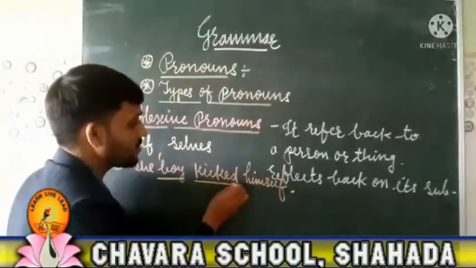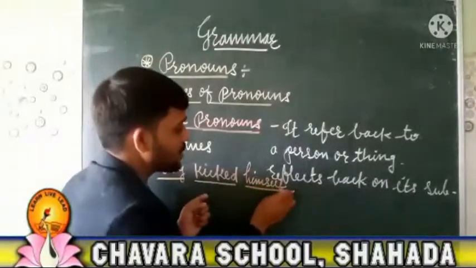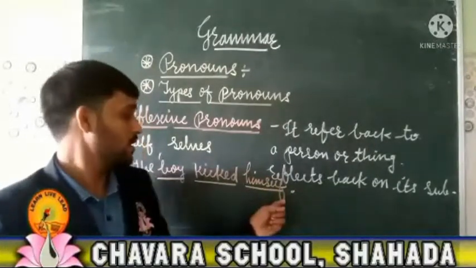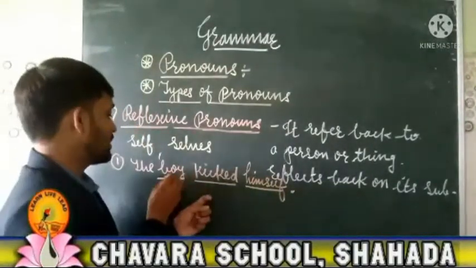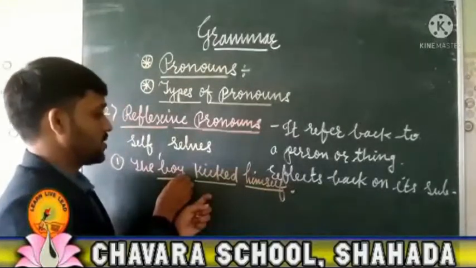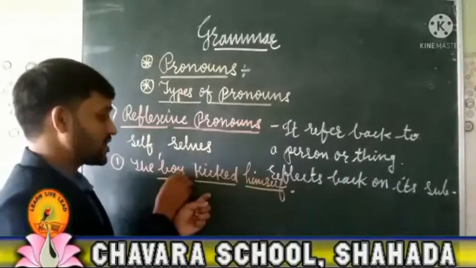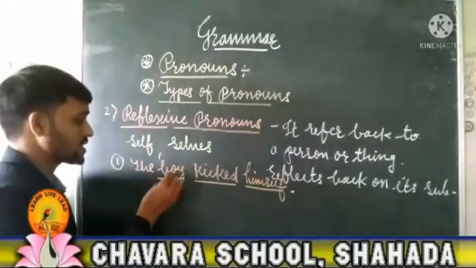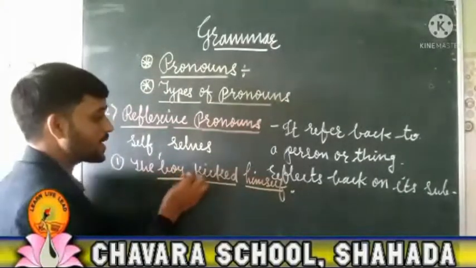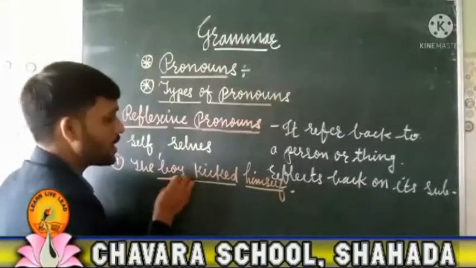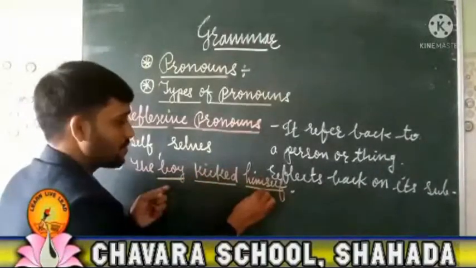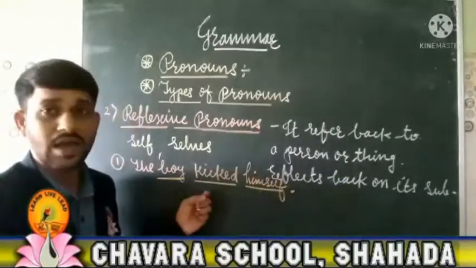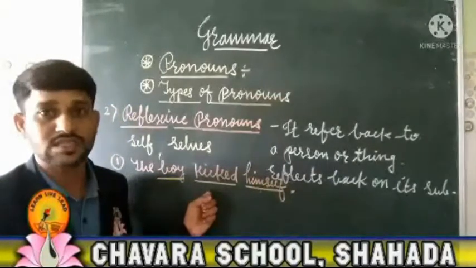Kicked is a verb, and himself is the direct object of the verb. As the boy is the subject, the action reflects back on the subject. Boy and himself mean both subject and object are the same in the sentence.